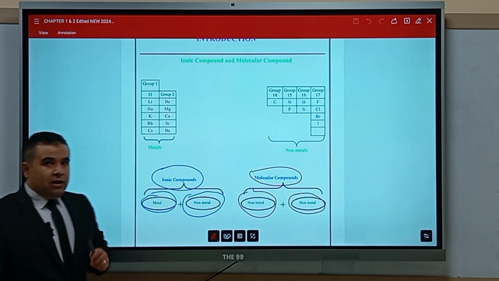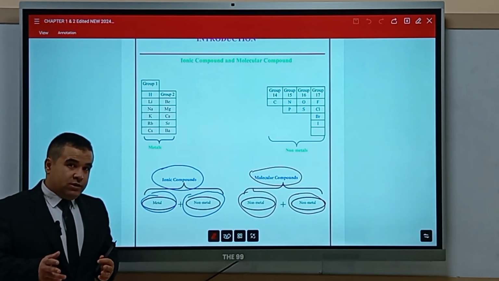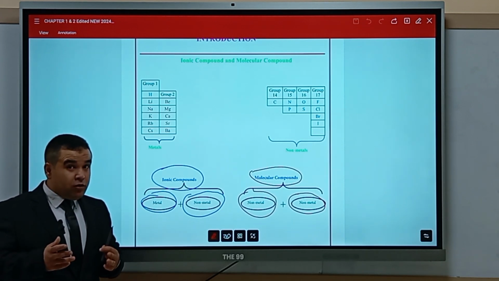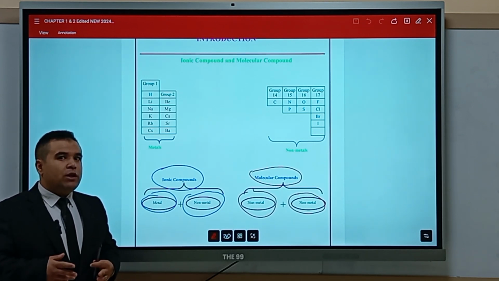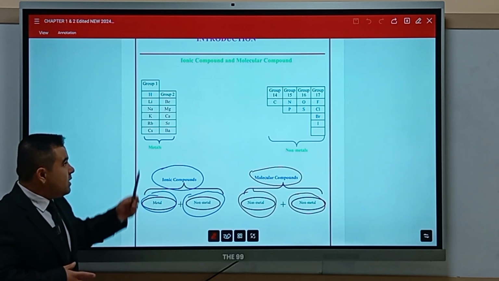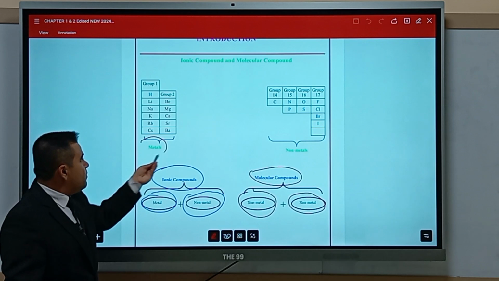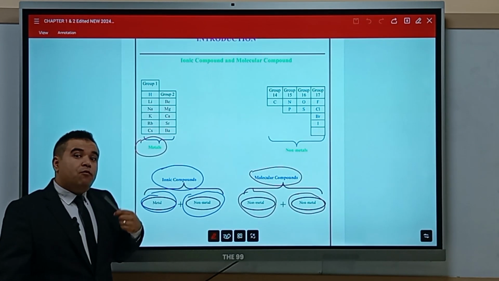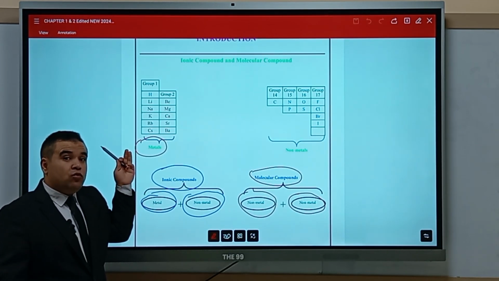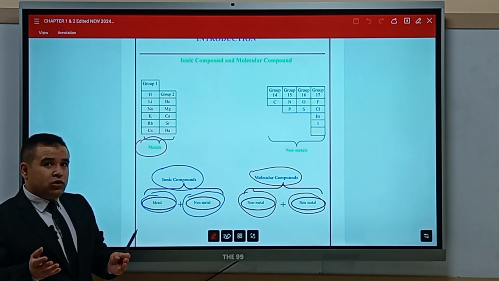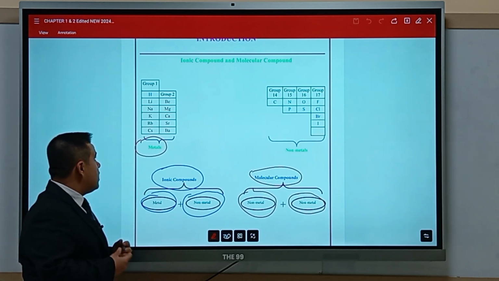Guys, the groups of elements that we deal with mainly in grade 12 are represented in these two tables. Here we have the metals. Frequently we have to know the metals of group 1 and group 2, and a few metals in the D block as well.